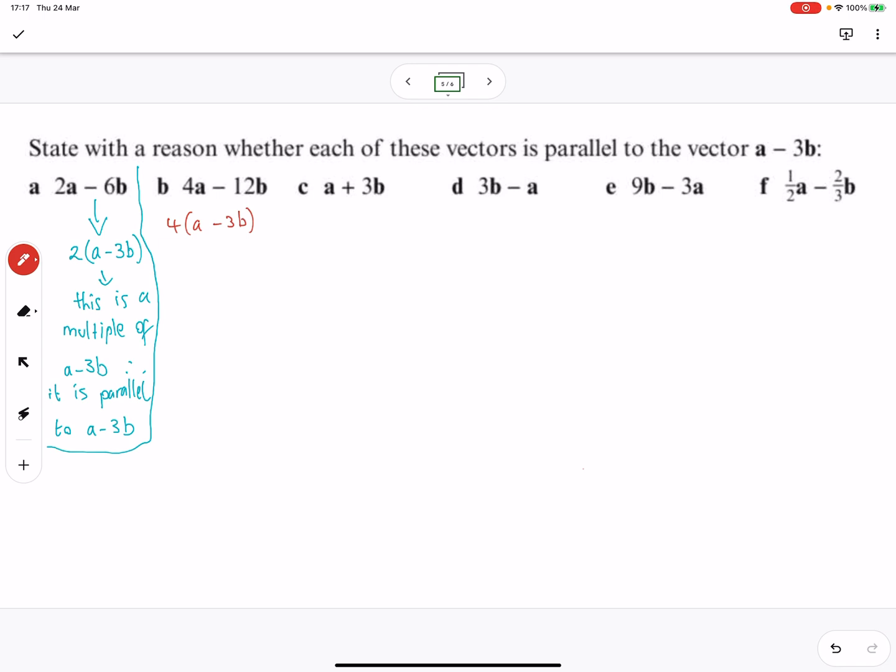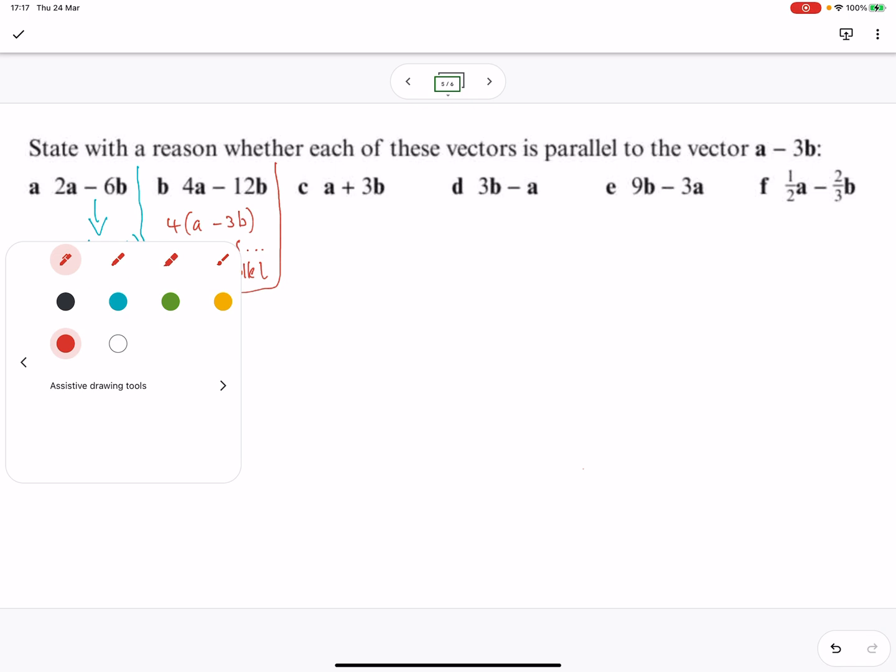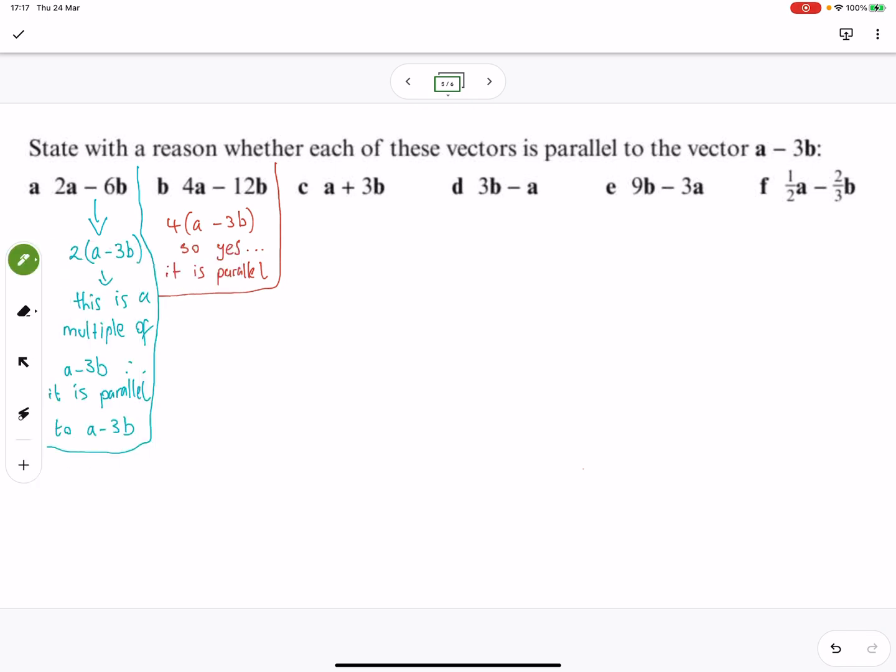And C is going to be... C is my... no. Does C always have to be in brackets?